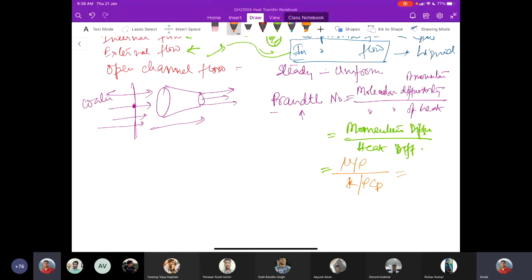Rho goes away, and it happens that Pr equals mu Cp divided by K. And this is a dimensionless parameter. So it is Ludwig Prandtl.